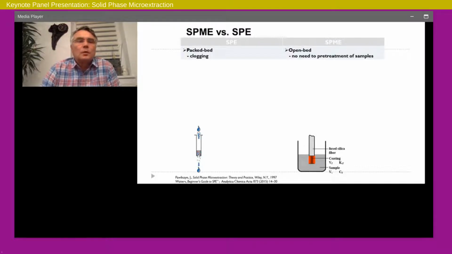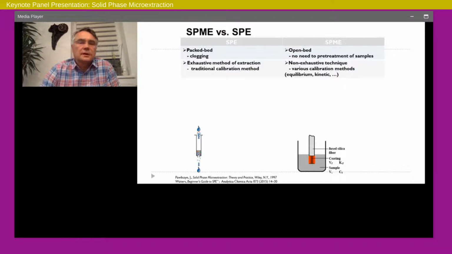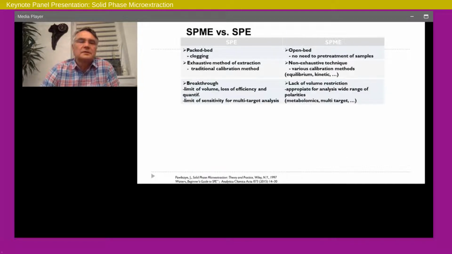Now, what are the advantages of this approach versus SPE? Basically, the major one is that it's an open bed system, so no particles of the tissue can be trapped there. In SPE, when you percolate the sample through, it may occur. That's why, as I showed you before, there is no matrix effect in this technology.